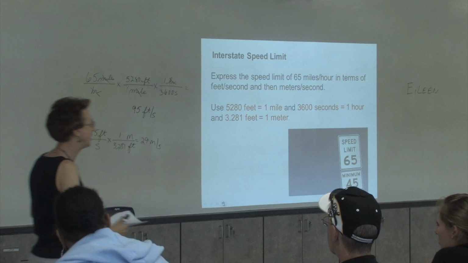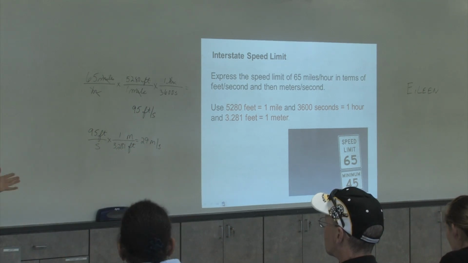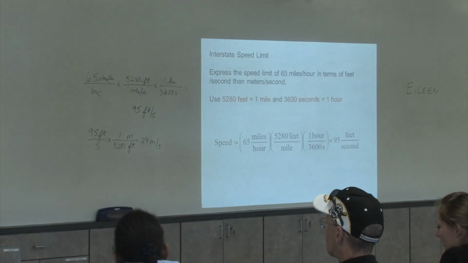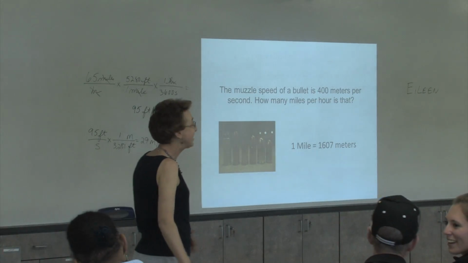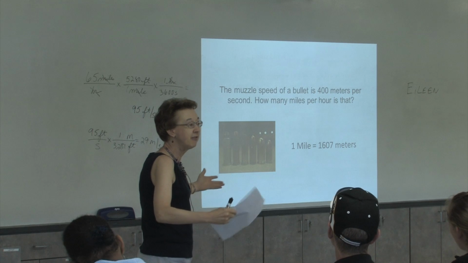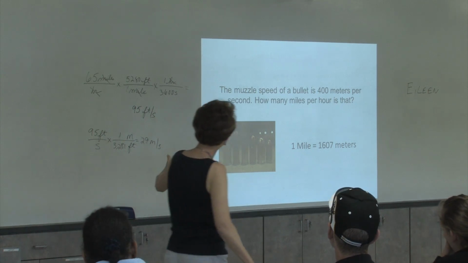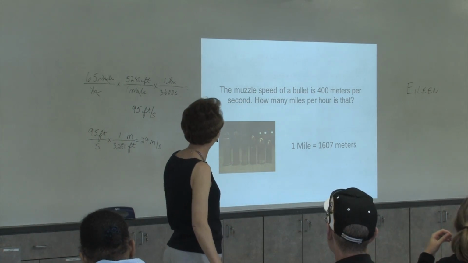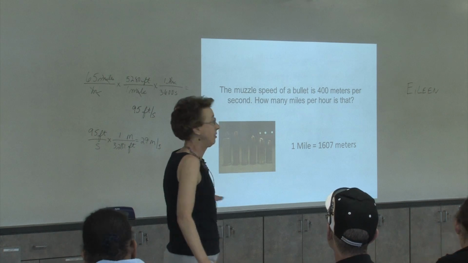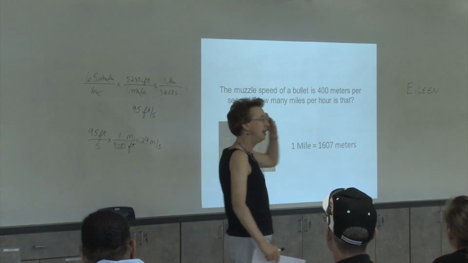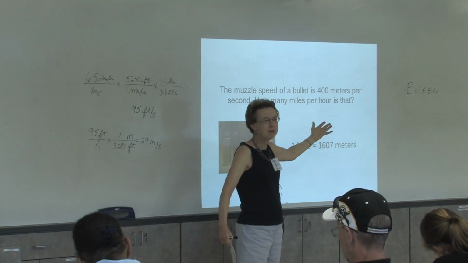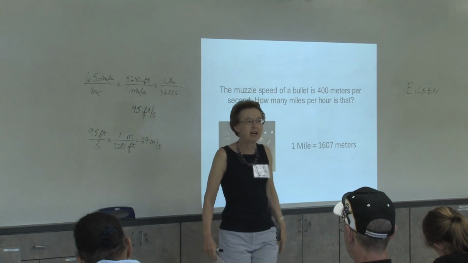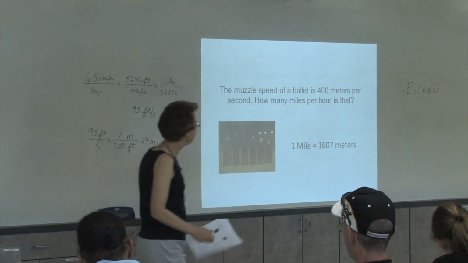The muzzle velocity is a wide range, obviously, depending on the type of firearm you use, but this is accurate in the sense that it could be about this. The muzzle speed of a bullet is 400 meters per second. I have a hard time thinking how fast that is, so what is that in miles per hour? Can you give me that in miles per hour?